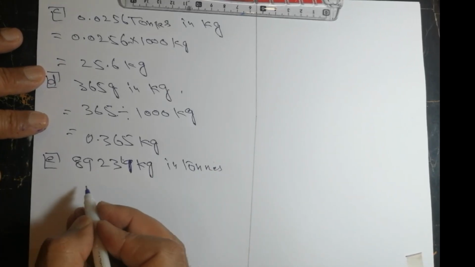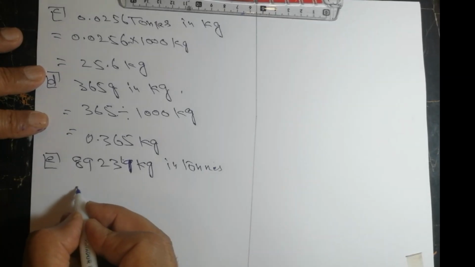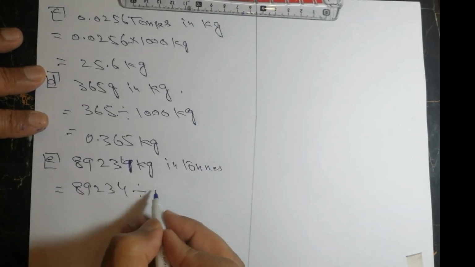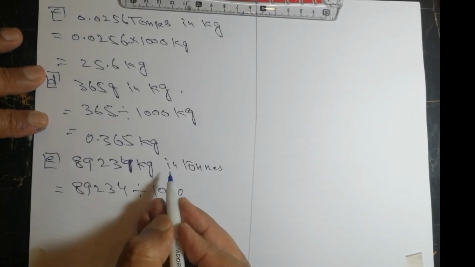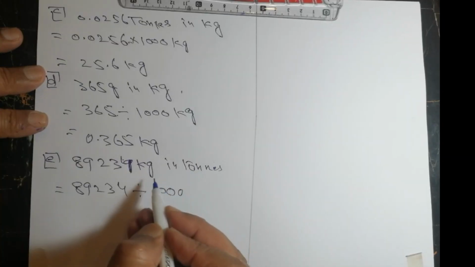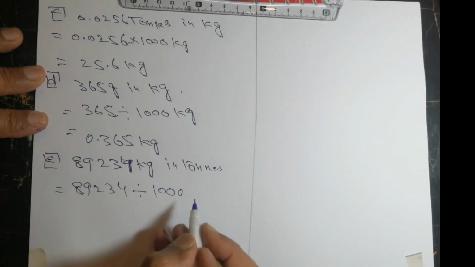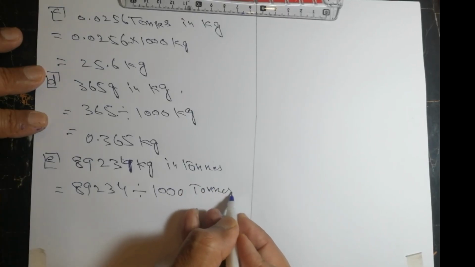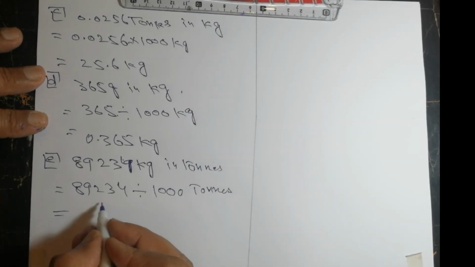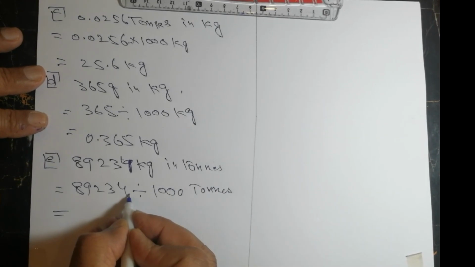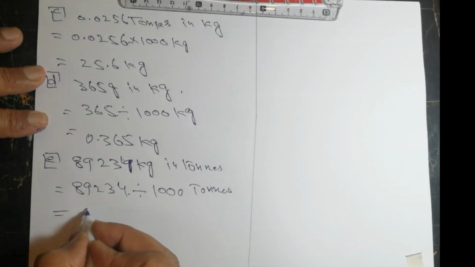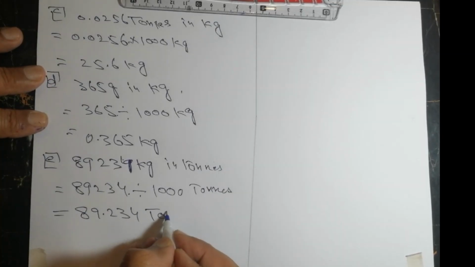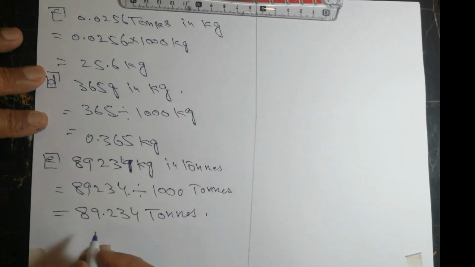Now smaller to bigger unit, we will divide this one, 12389234 divided by 1000, because the relationship is there are 1000 kilograms in 1 ton, so divide by 1000. So this will be tons. Now it changed to tons, and the decimal is by default here. So 12389.234 tons. So this is the answer.